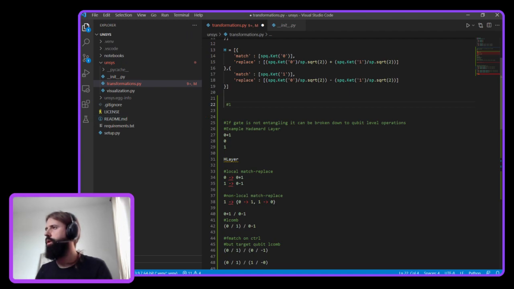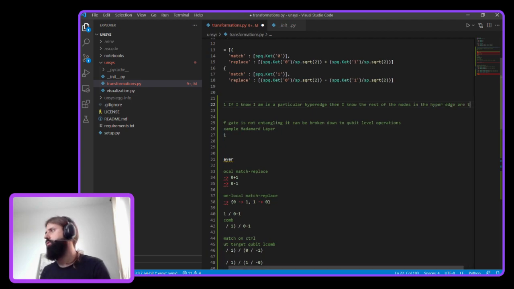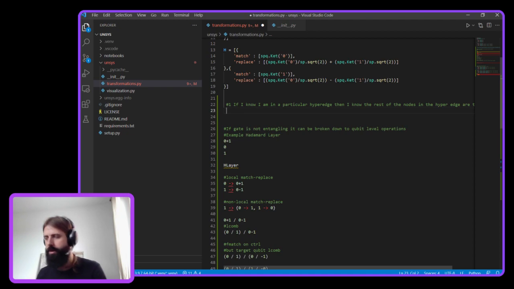So the rule number one would be, how I would formulate it, sort of if I know I am in a particular hyperedge, then I know the rest of the nodes in the hyperedge are true, right?